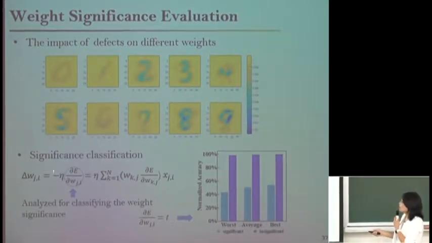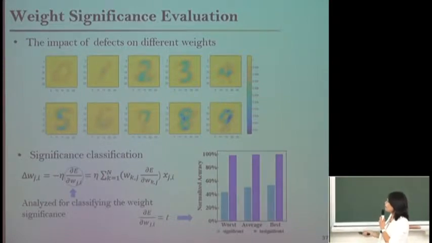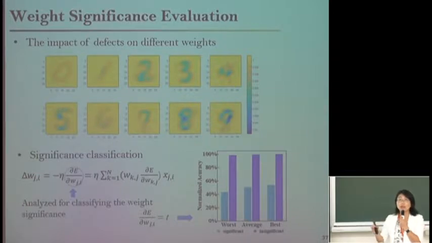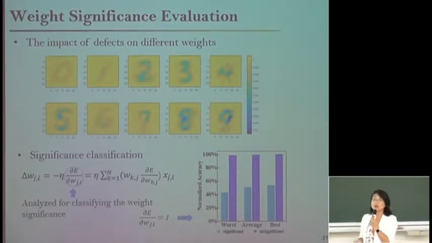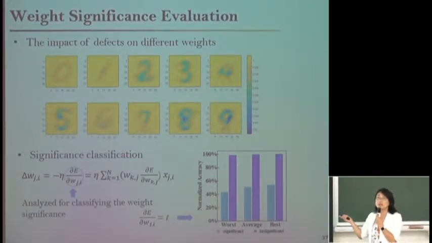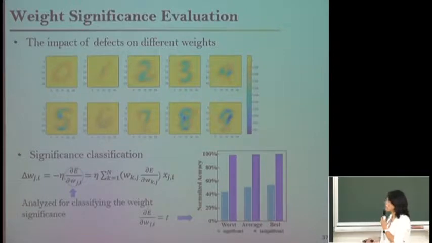Essentially, we can analyze the derivative of the final loss function over the derivative of the weight, and this can represent significance. So in those structures, we simply set one threshold. Whenever it exceeds the threshold, we say this weight contributes more, and if it's less than the threshold, it contributes less.